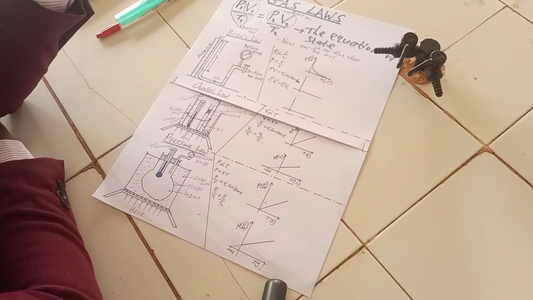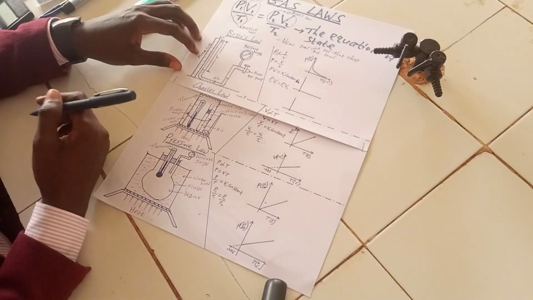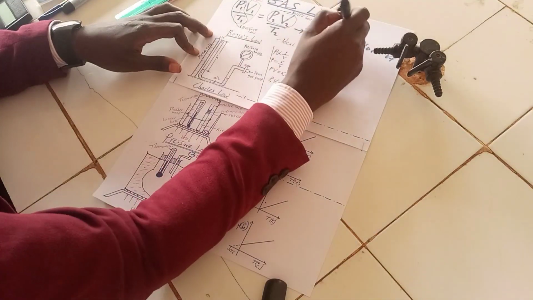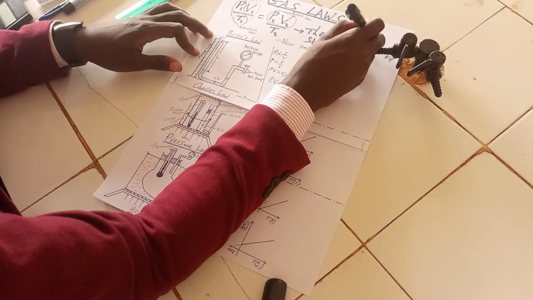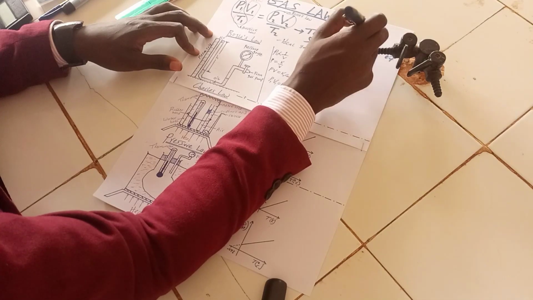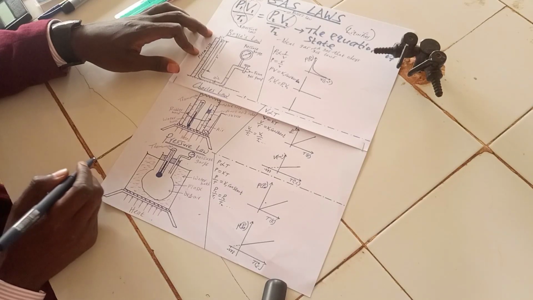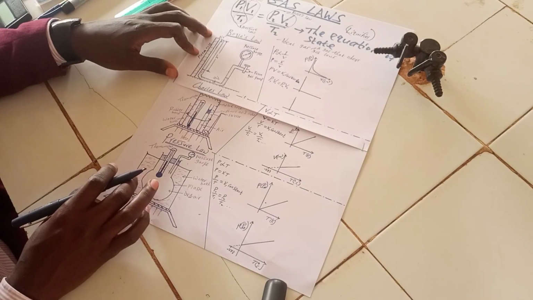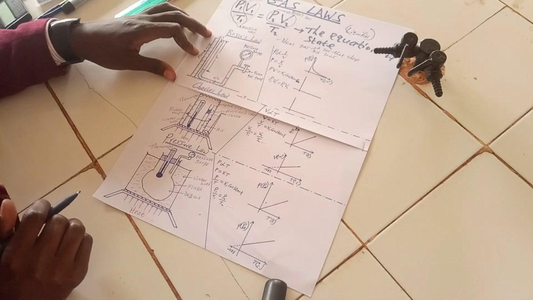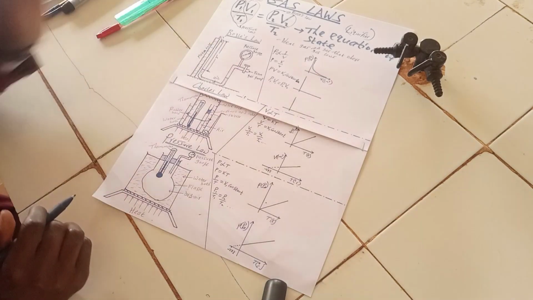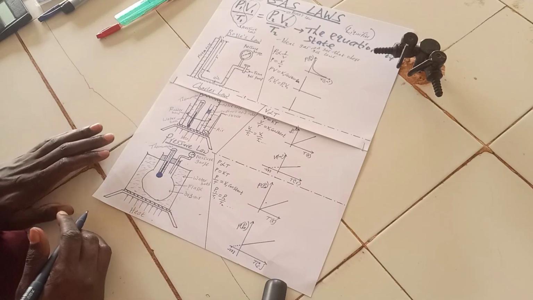And the reason for that is that when you compress some gas, the gas normally liquefies. The reason why you cannot reduce the volume of a gas to zero is that after reducing the volume up to some value, that gas will normally liquefy.